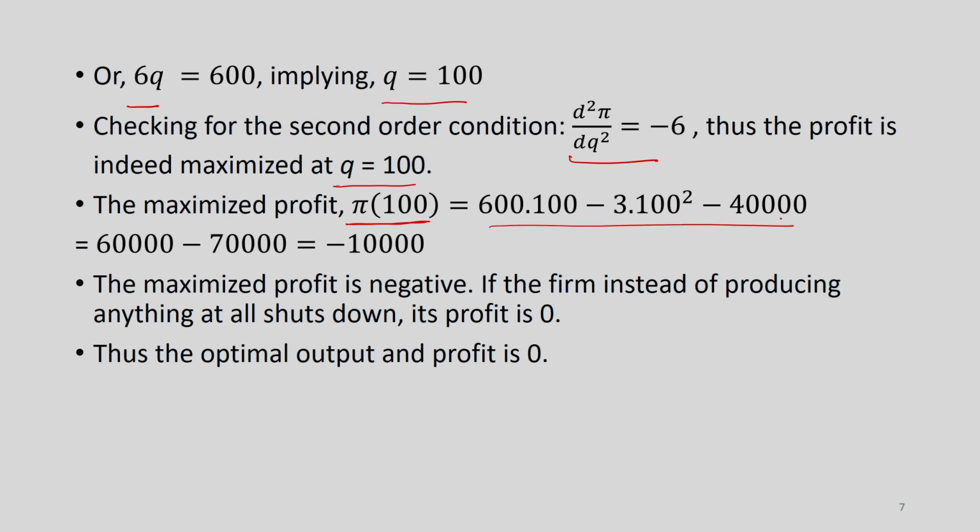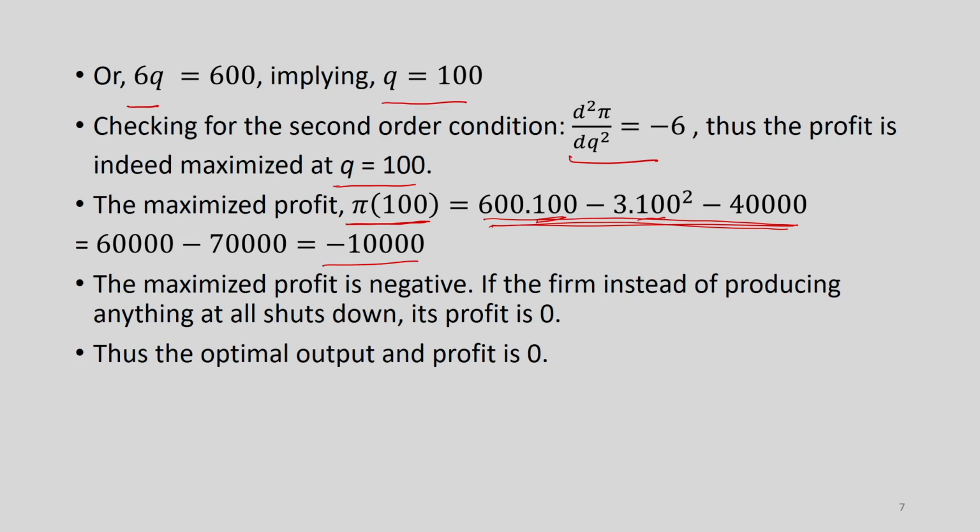This is the profit function: 600 multiplied by 100, 100 is the output level, minus 3 multiplied by q square, that is 100 square, minus 40,000. I simplify this, and it comes out to be minus 10,000.